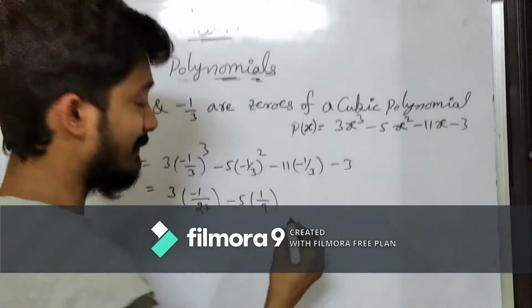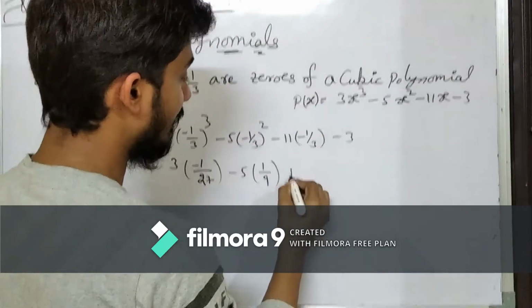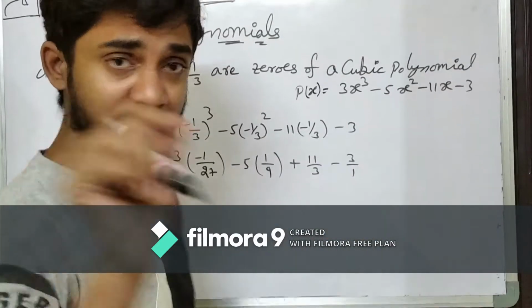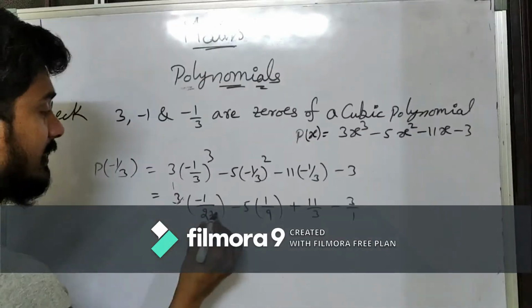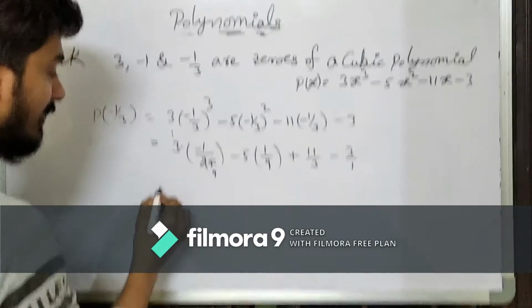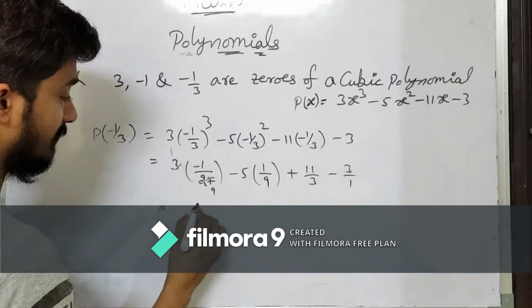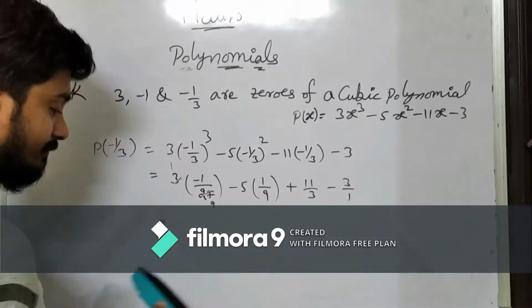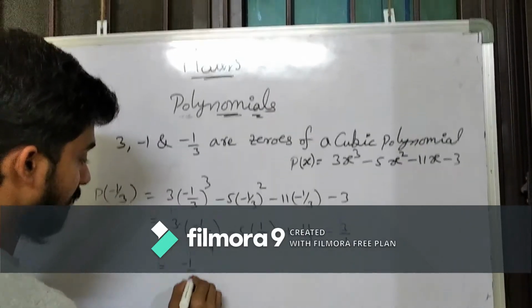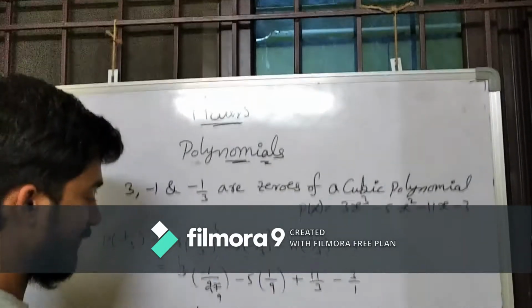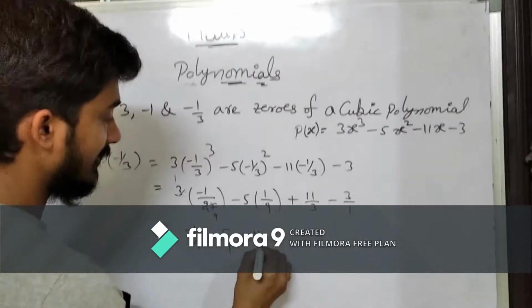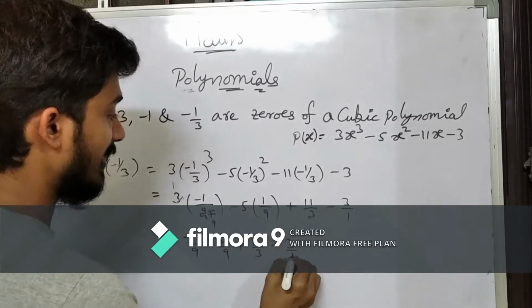Next, minus into minus is plus: 11 into 1 by 3, 11 by 3. Minus 3 means minus 3 by 1. Next, 3 ones are 3, 3 nines are 27, 1 into minus 1 is minus 1, so minus 1 by 9. Minus 1 by 9 minus 5 by 9, plus 11 by 3 minus 3 by 1.